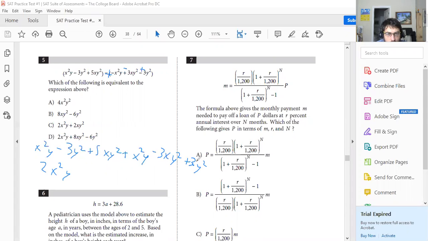Negative 3y squared plus 3y squared cancels out. 5xy squared minus 3xy squared will be 2xy squared. So 2x squared y plus 2xy squared.